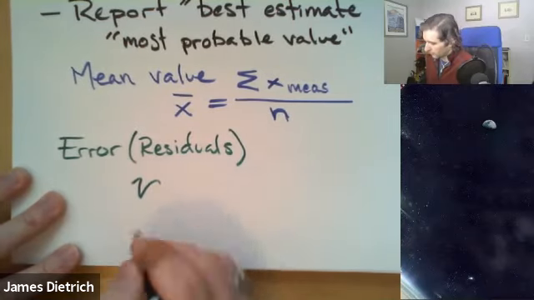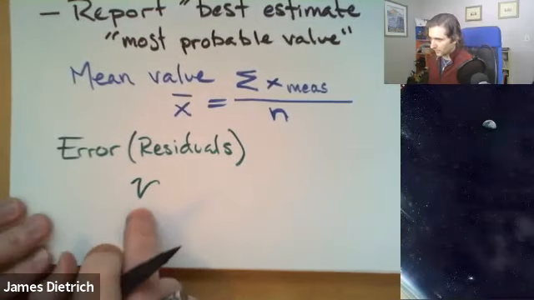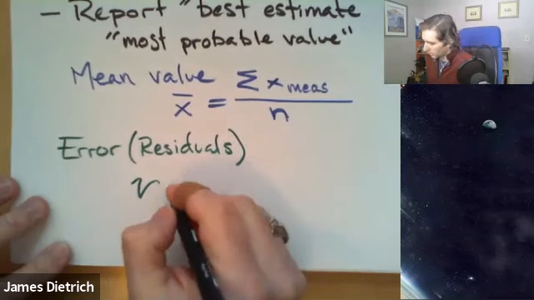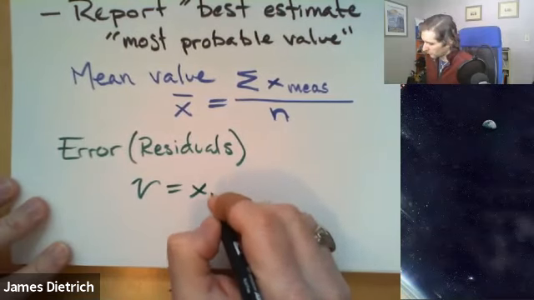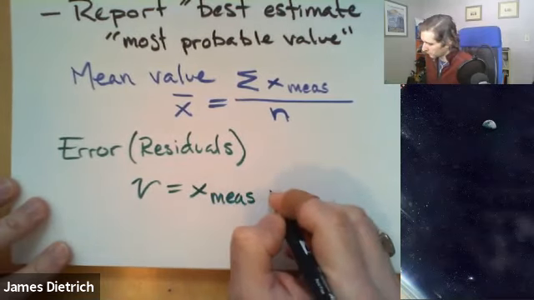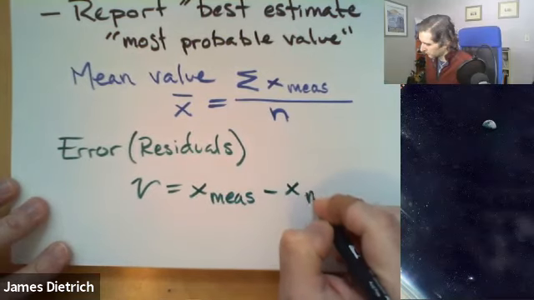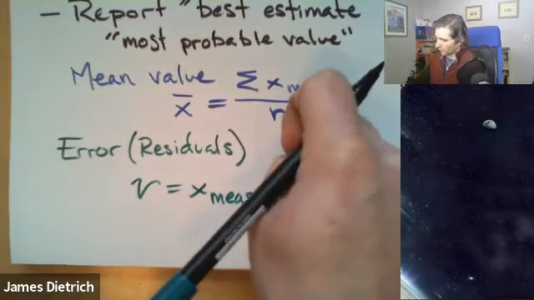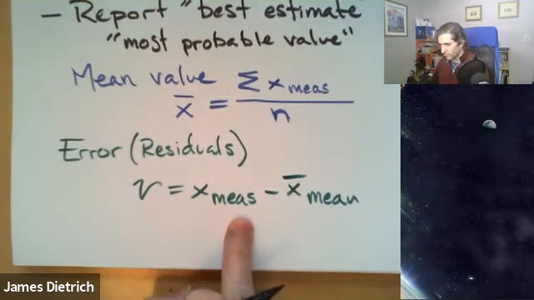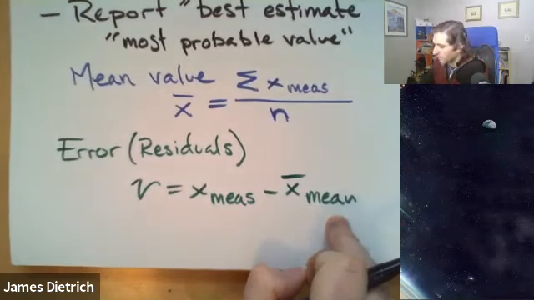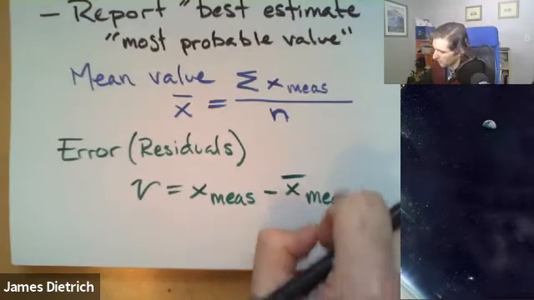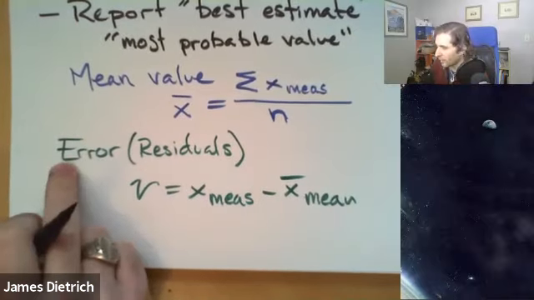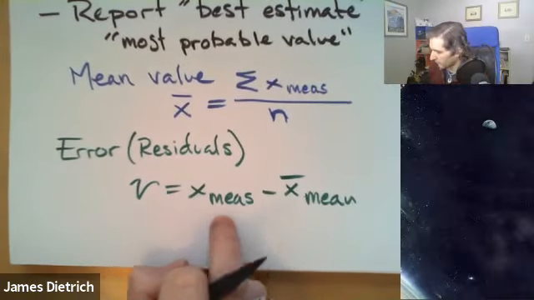The symbol we usually use for error is a kind of cursive V. We take our individual measurements and subtract the mean value, and that gives us an indicator of the error on that individual measurement.